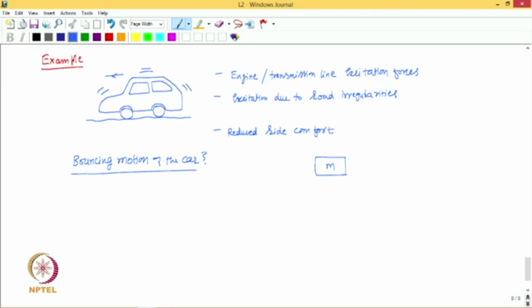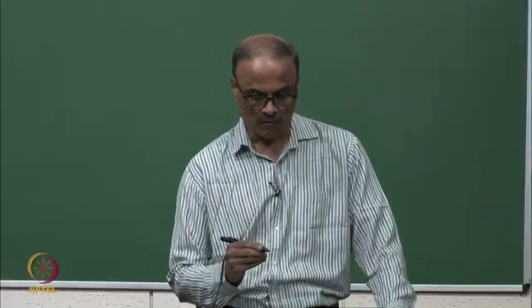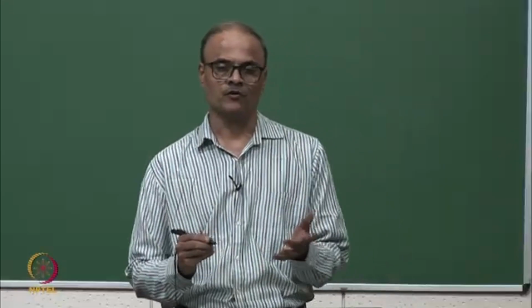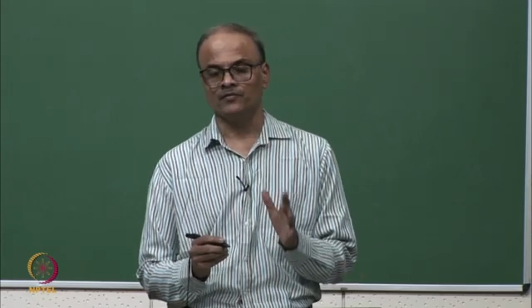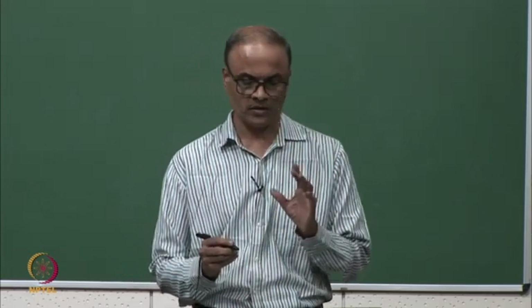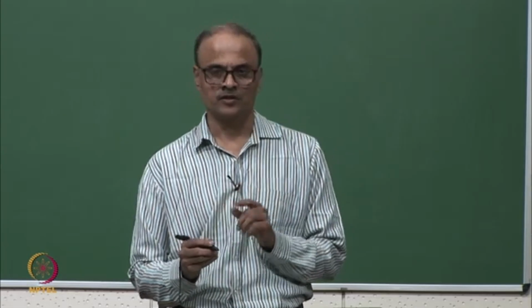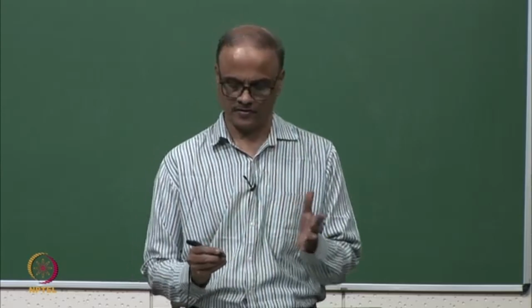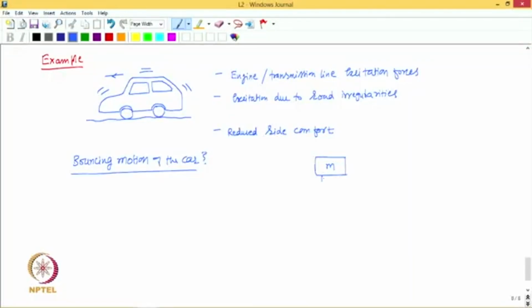The bouncing motion primarily occurs because of the flexible suspension and flexibility of the tires. So we can combine the stiffness as a first approximation. We can combine the stiffness of the tire and the stiffness of the suspension as two stiffnesses in series, obtain the equivalent stiffness, and represent that stiffness by a spring element like this.